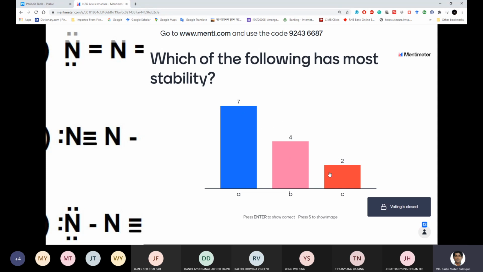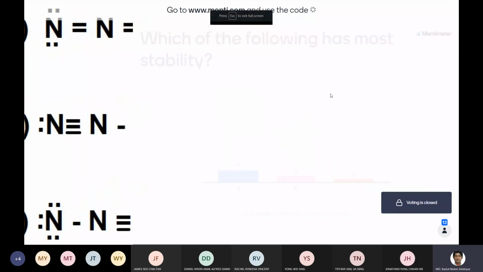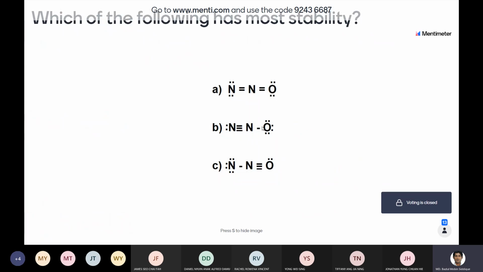Actually, it looks like a nice bar chart, but it would be nicer if you had answered B, because why is it like this? Because of the nitrogen compound you are tricked, so you have to find the formal charge for this.